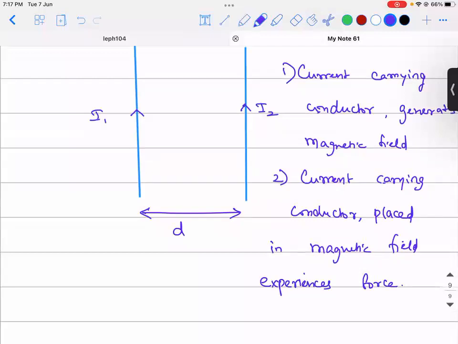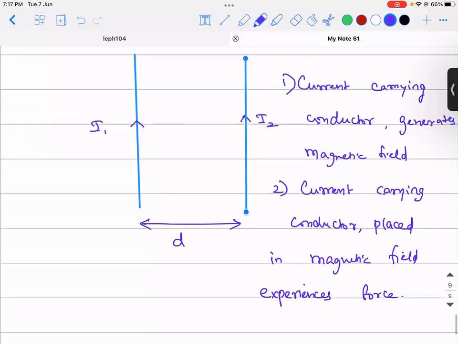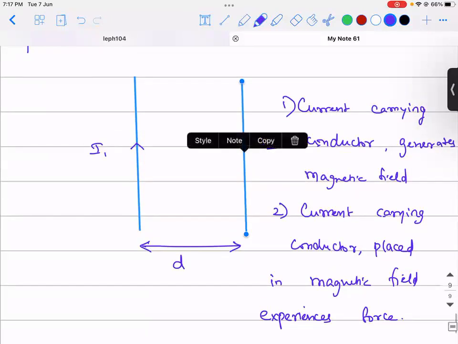So these two are the known facts. Now, I take this as the first conductor and this as the second conductor, and let me consider a point P on top of the second conductor.